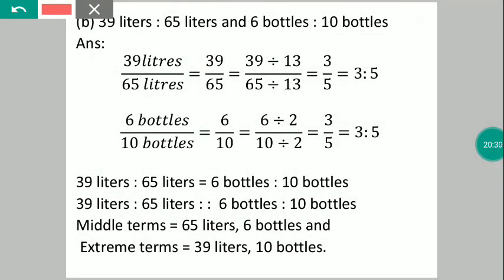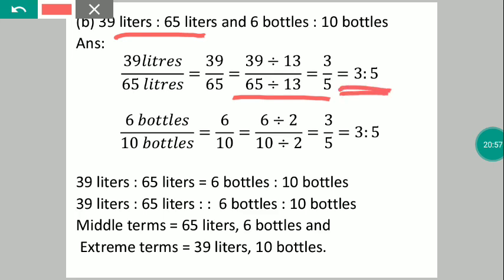39 liters is to 65 liters and 6 bottles to 10 bottles. Now the ratio of the first two quantities, 39 liters upon 65 liters, that is 39 upon 65. Divide numerator and denominator by the highest common factor of 39 and 65. So divide by 13. So 39 divided by 13, 65 divided by 13, which is equal to 3 by 5.